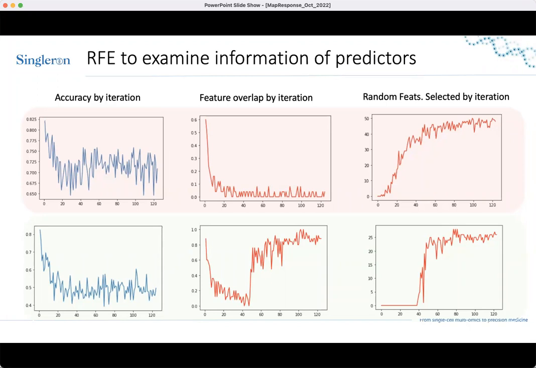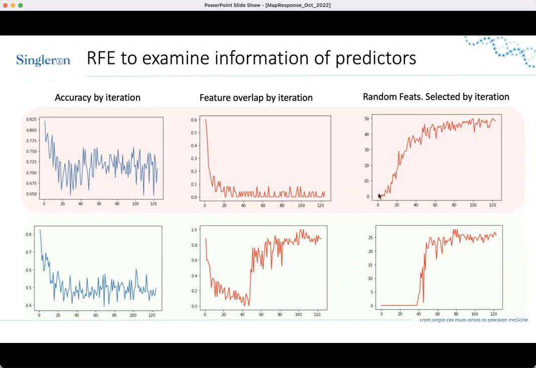But as we start removing the most important features it finds, we see the feature overlap drop way, way down. And we can see at this point that the model is fitting noise.